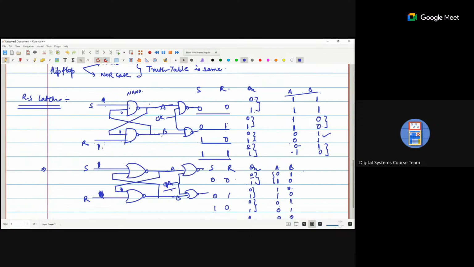The second problem with the latch is it is not controlled with the clock. Either we use the clock and that is the level triggered clock. So basically, it will vary for the complete duration. If it is a positive level clock, in the positive level the output will change several times. If it is a negative level clock, in the negative level the output will change several times.